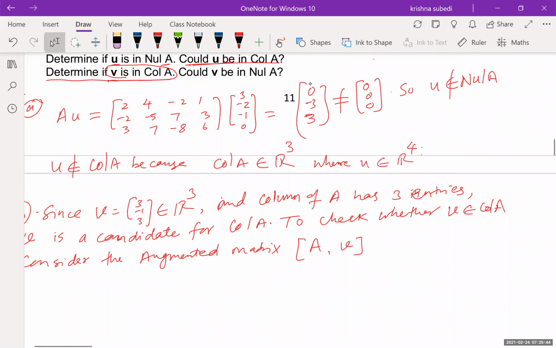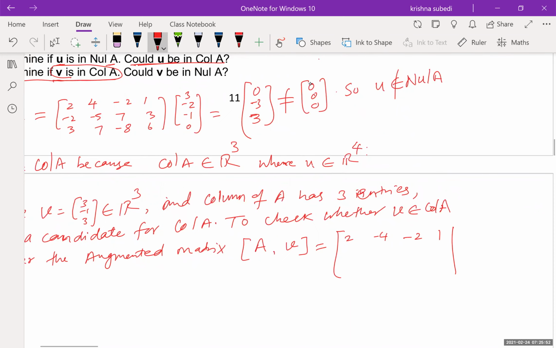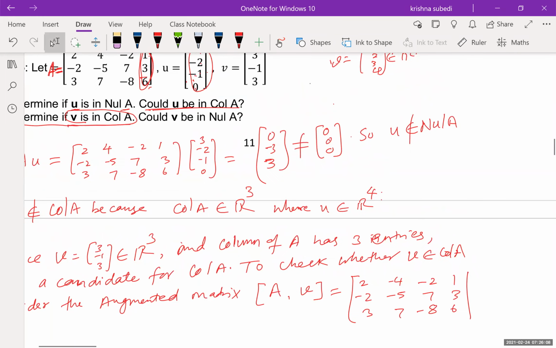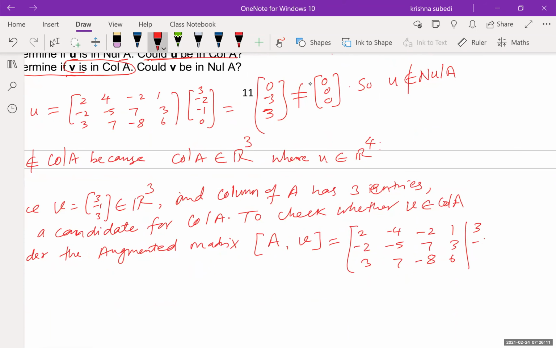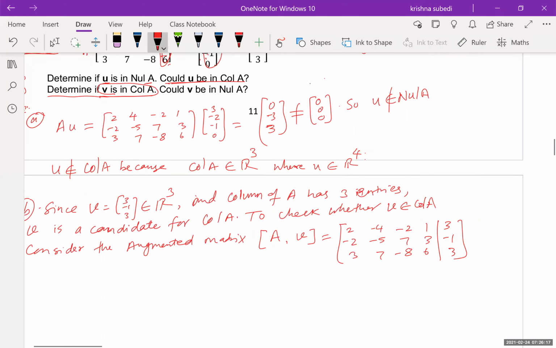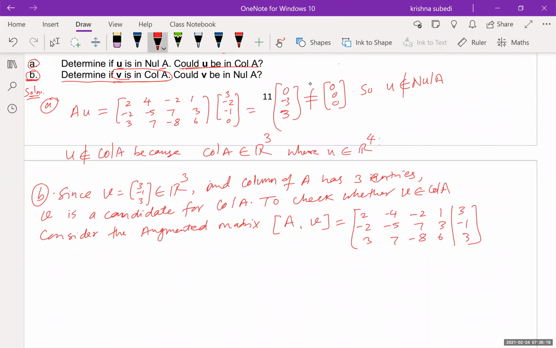A is [2, 4, -2, 1; -2, -5, 7, 3; 3, 7, -8, 6], and V is [3, -1, 3]. Now please change it into echelon form and see whether it is consistent or not.